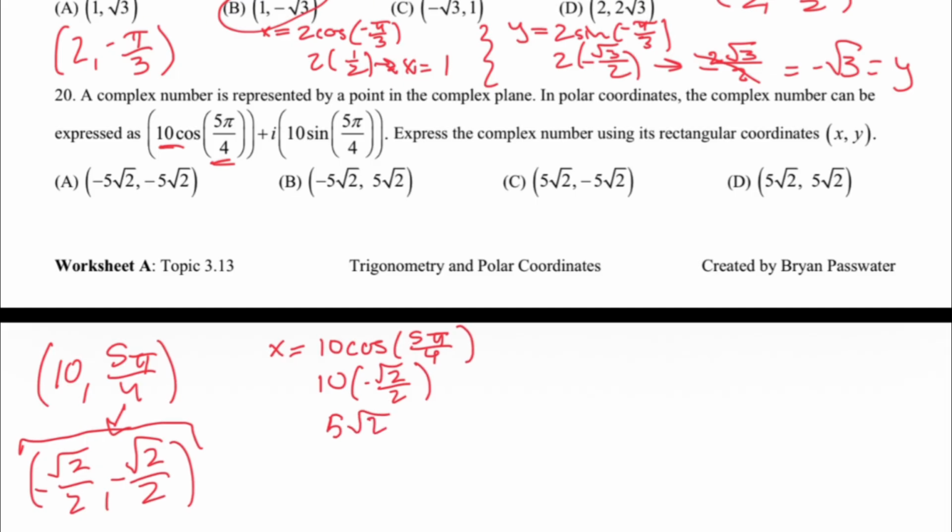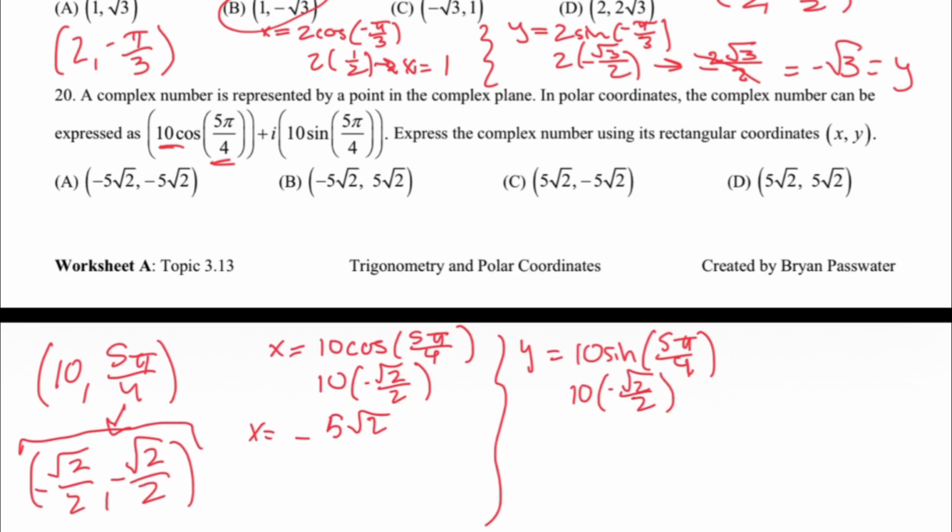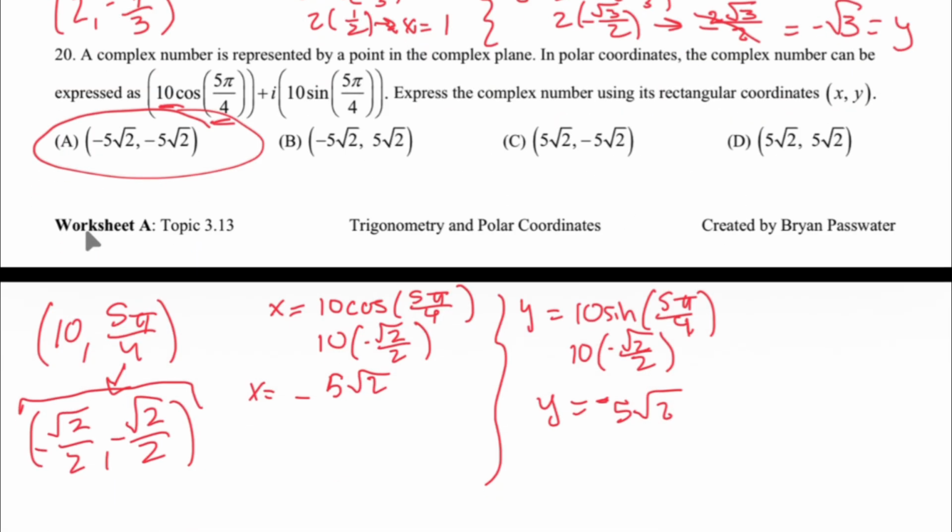I'm just simplifying it already. So that should be x, and then y is equal to 10 sine of 5 pi over 4. So 10 times the same thing. It should be the same, and it is still negative, so negative 5 times square root of 2. They're both negative, so our answer should be A. And that was topic 3.13.